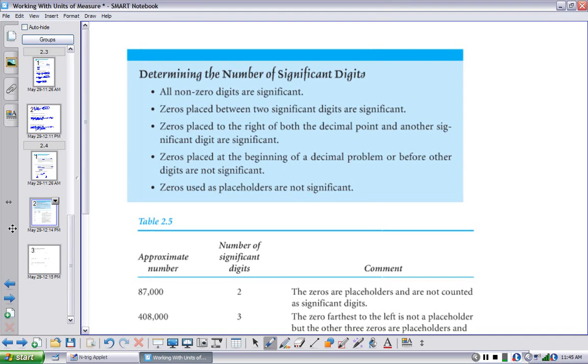Significant digits. And this is something that's used in science classes. It's used in technologies classes. But let's talk about how to determine the number of significant digits. When you look at a number, okay, every number may not be what we call significant.